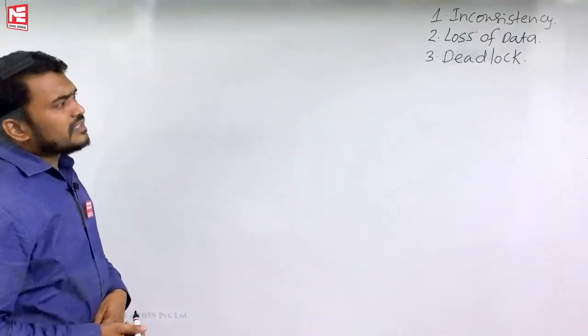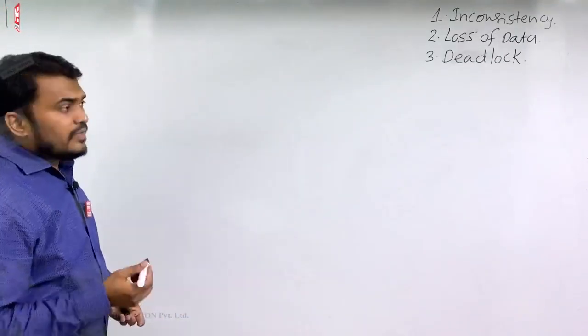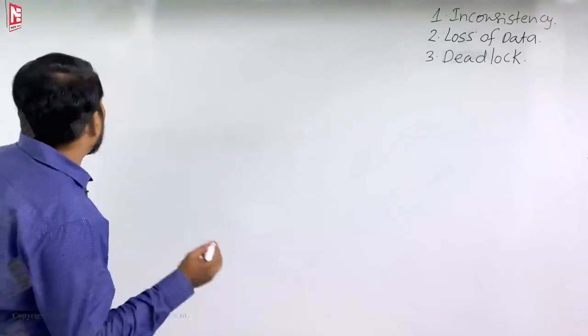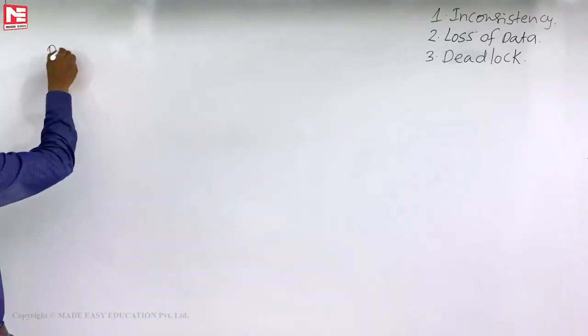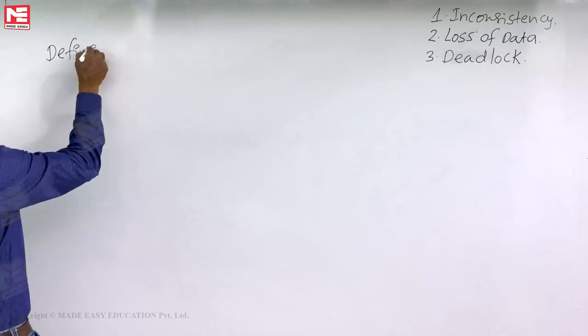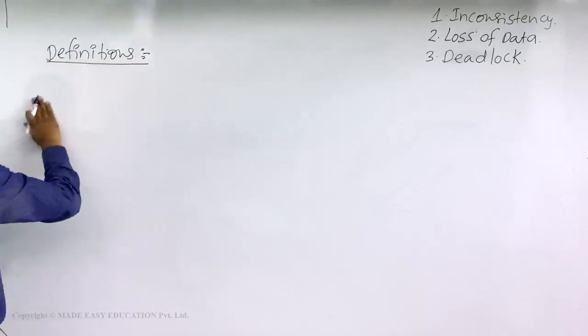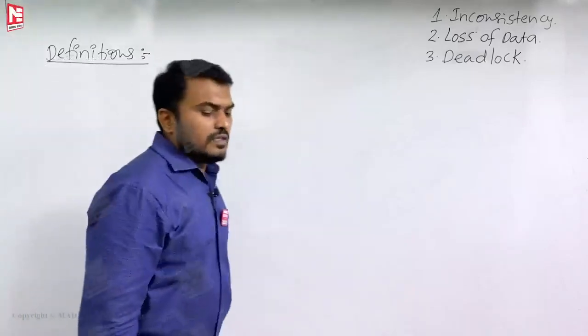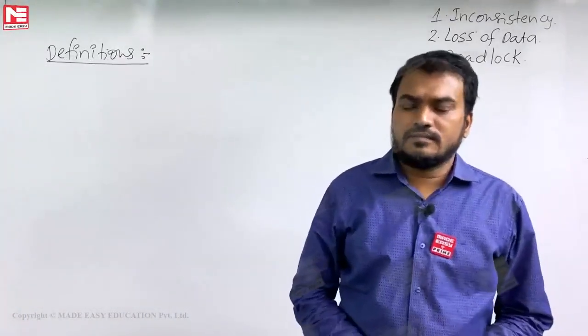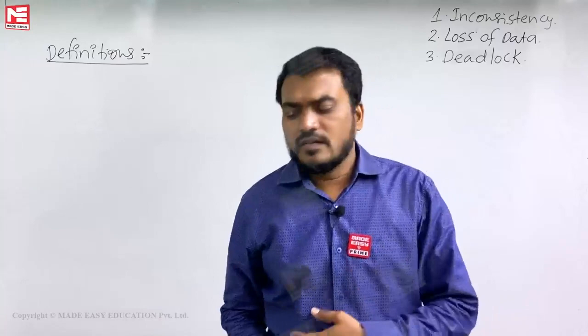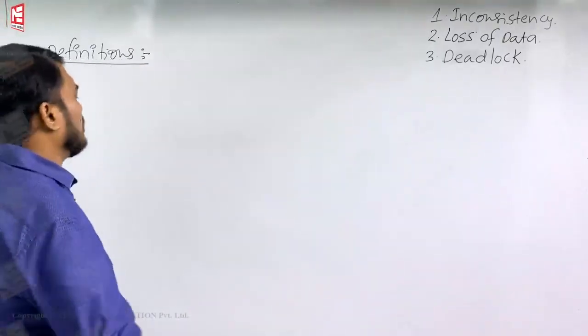Before we move on to step number 2, we have some definitions. So just note down, keep the heading definitions. We'll study some small definitions and later we will enter into step number 2.